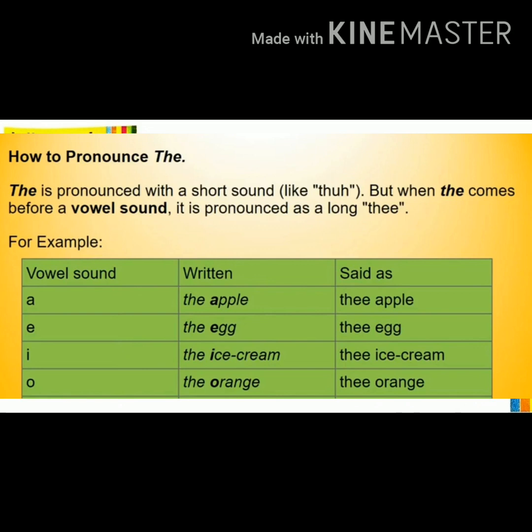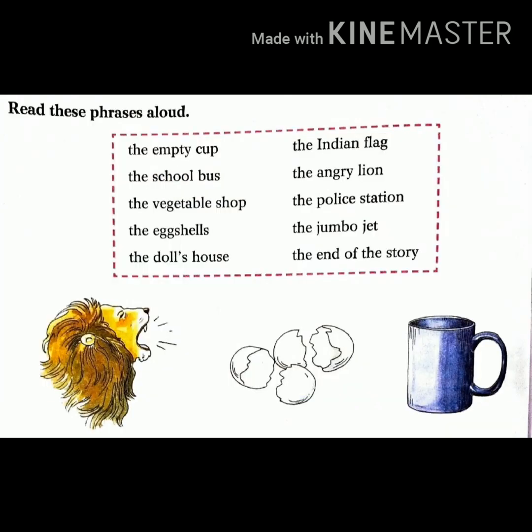The apple, the egg, the ice cream, the orange, the umbrella. Because these words start with a vowel sound, you should pronounce it like "thee" orange, "thee" ice cream, "thee" egg, "thee" apple. But you should write it as T-H-E. Now children, let's do the exercise which is given in your textbook.